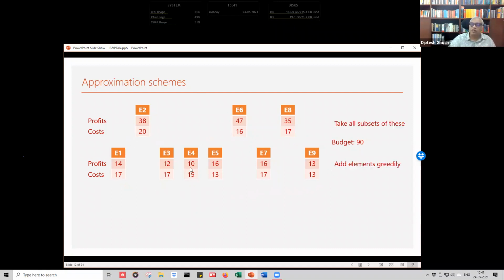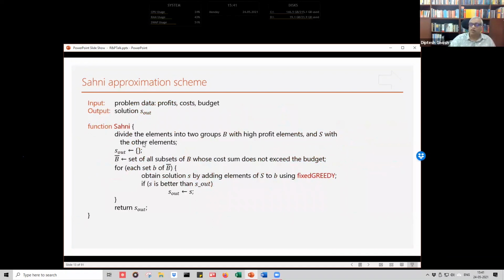In other words, you do this. You divide the elements into two groups, B for big and S for small. B has high profit elements, S has other elements. Start out with nothing. Then you create a set of all subsets of this group B whose cost sum does not exceed the budget.